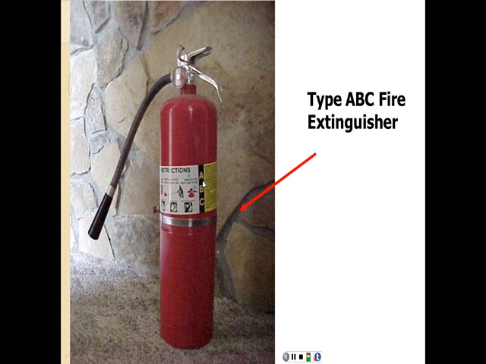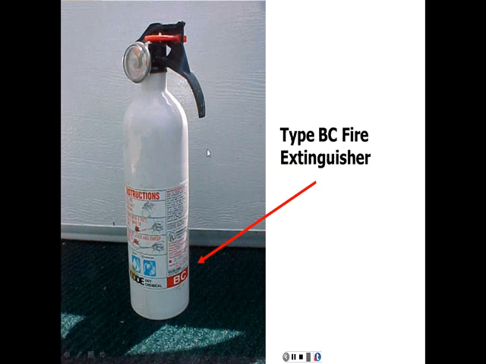This extinguisher, for example, can work for 3 types, A, B, and C. So this is a multi-purpose extinguisher. This one is only for B and C. It can also cover A, but again, it's probably going to be too expensive to use regularly for A because A can be extinguished much more easily than that.